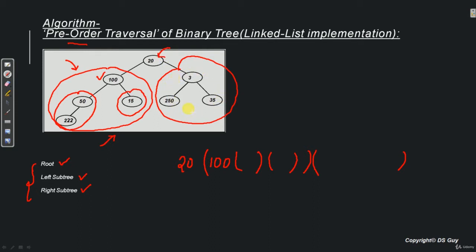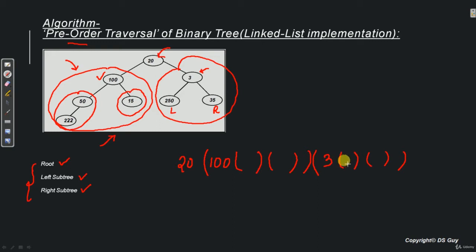Now how do we do a traversal for this subtree? Simple. Again, this node over here is the root and this is the left subtree and this is the right subtree. So we put over here 3, which is the root. We put a bracket indicating left subtree and one more bracket for right subtree.